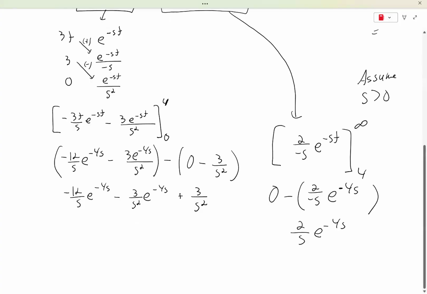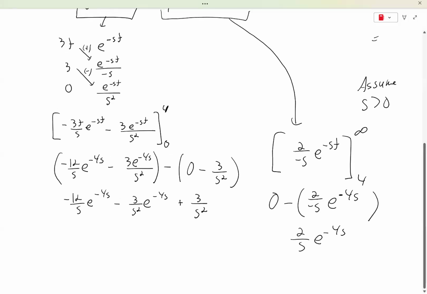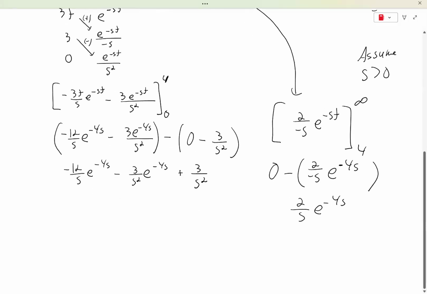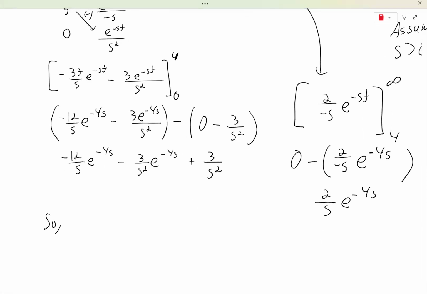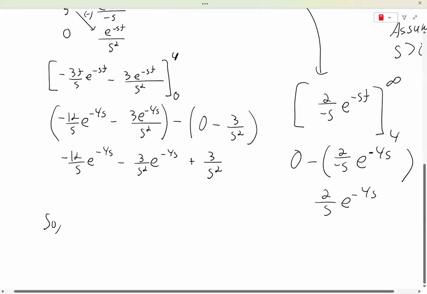Okay, anything there on that part? So we put this together with the other one. There are actually some like terms here. If you look at these two, you get negative 10 over s e to negative 4s.